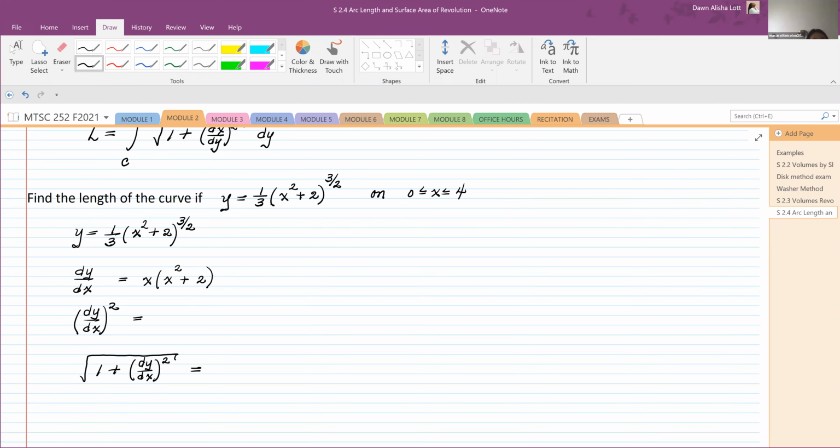I got that, but I raised it to the 1/2 power. Oh, the 1/2 power, I missed that. Okay, so that's to the 1/2 power. Any questions? Did we all use the chain rule?